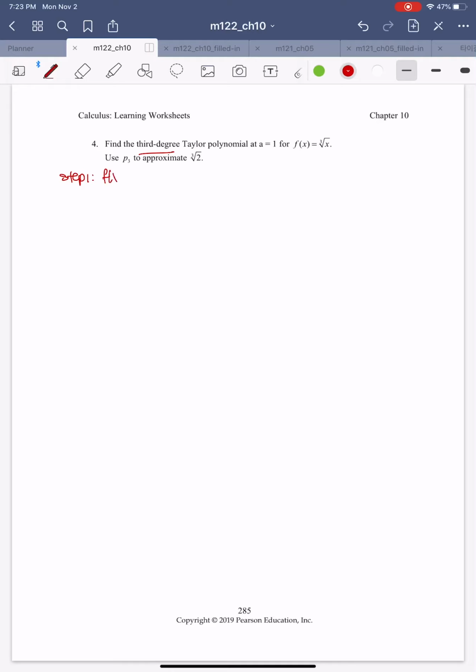So f of x, again writing in exponential form, x to the 1/3. First derivative, 1/3 comes down, raise it to the negative 2/3. Second derivative, negative 2/3 comes down, multiplies with 1/3, making negative 2 over 9, x raised to the negative 5 over 3.